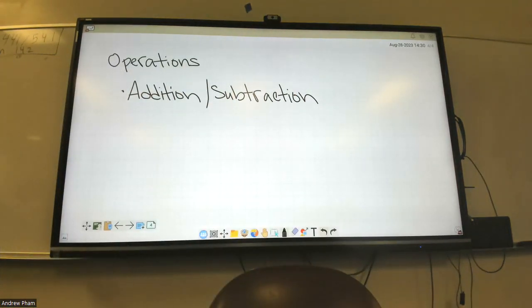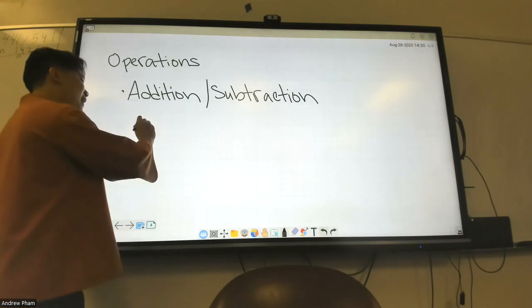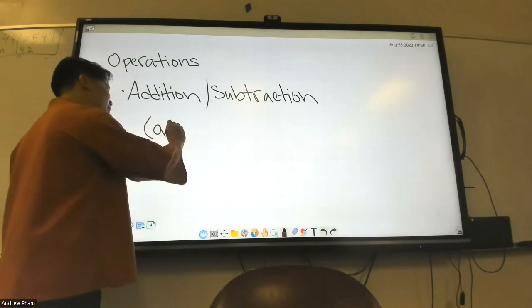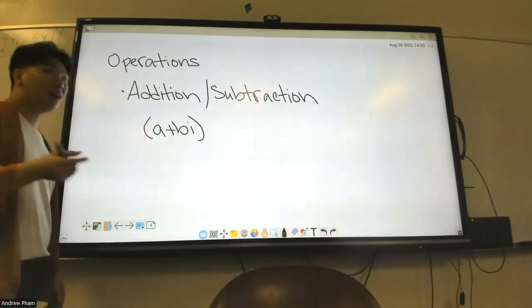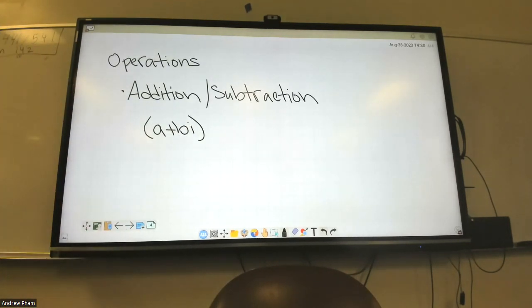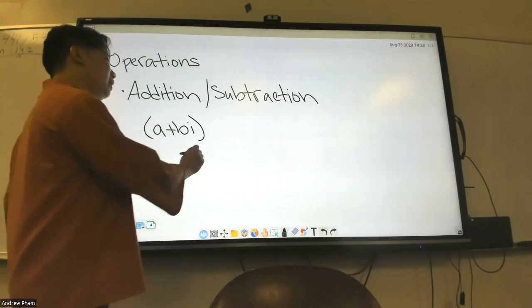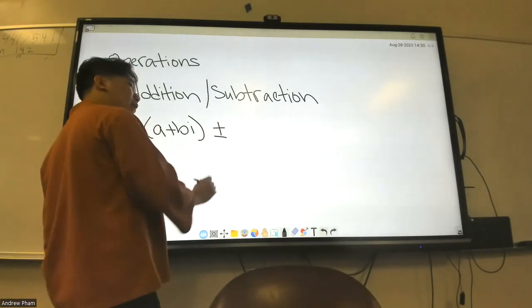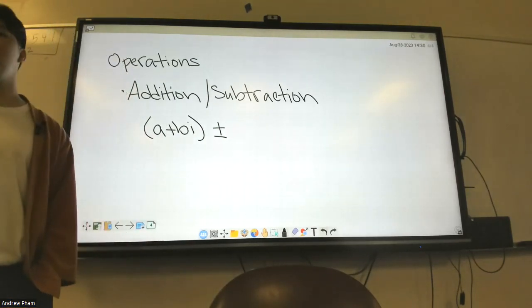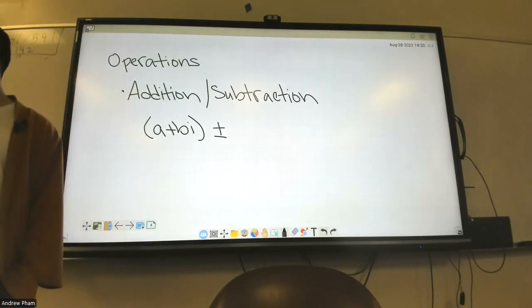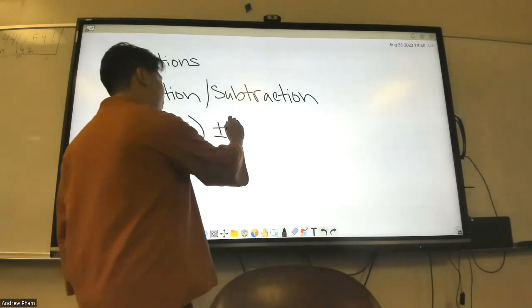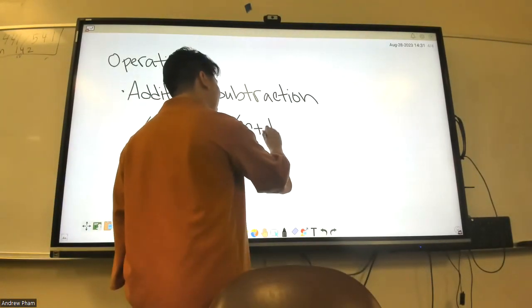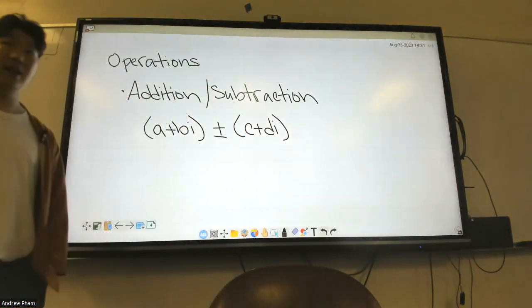So let's say I have two complex numbers. Let's say it's a plus bi. That's a complex number. A and b are some real numbers. And then I want to add or subtract. If I'm adding, I'm just caring about addition. If it's subtracting, I care about subtraction. Let's say another complex number, c plus di.